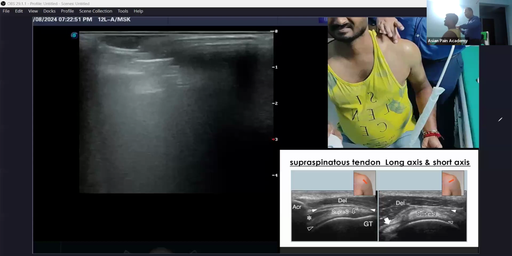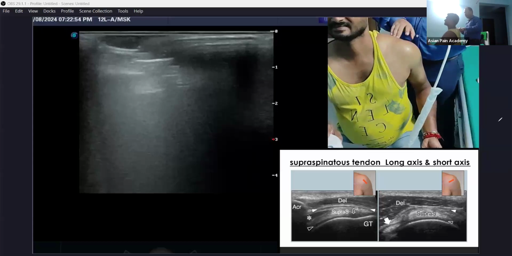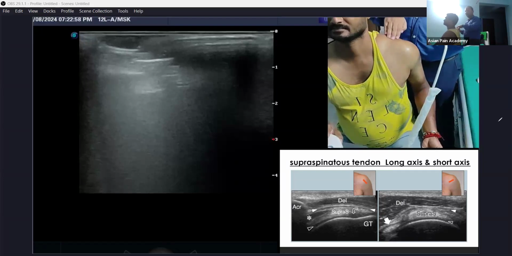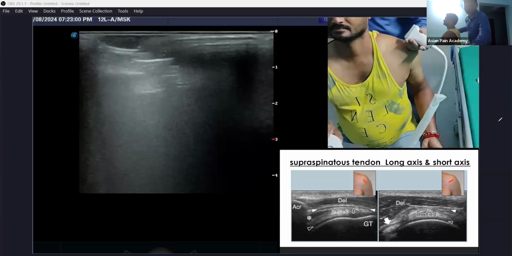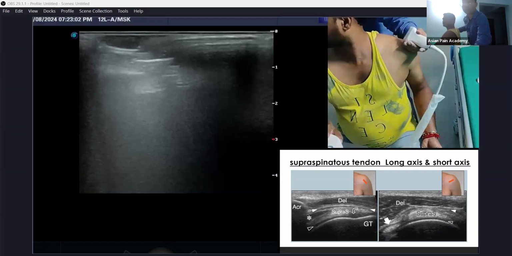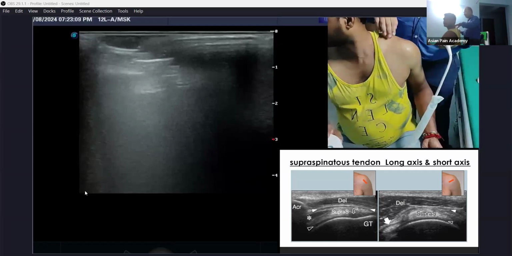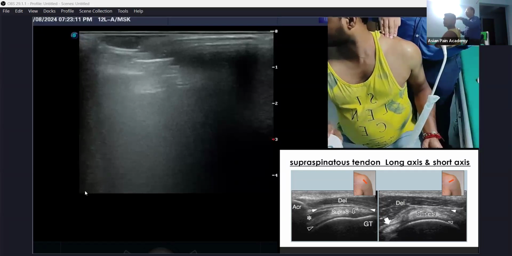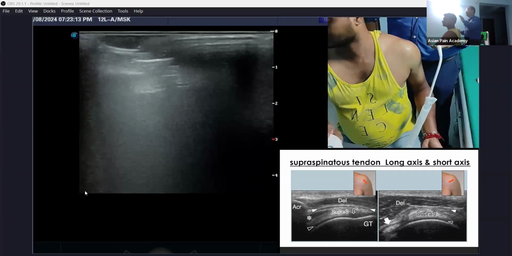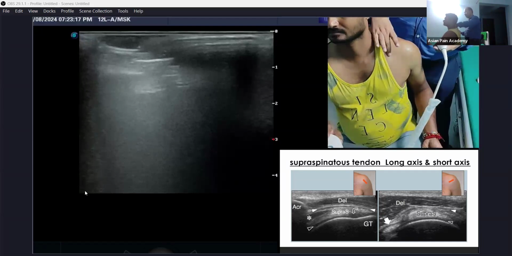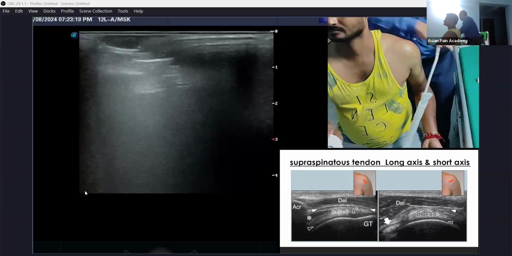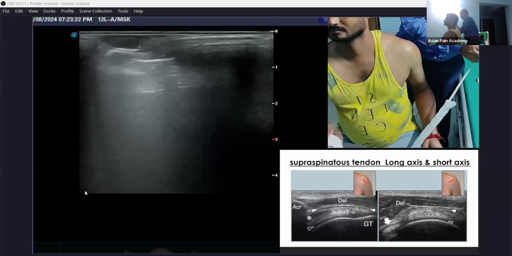Between the clavicle and the spinous process of the scapula, all the muscles we are seeing are either trapezius or supraspinatus, I mean both muscles, trapezius superficially and below that supraspinatus. So let us see.